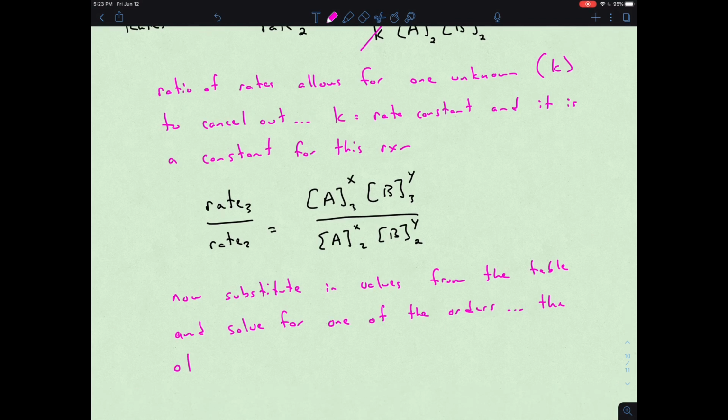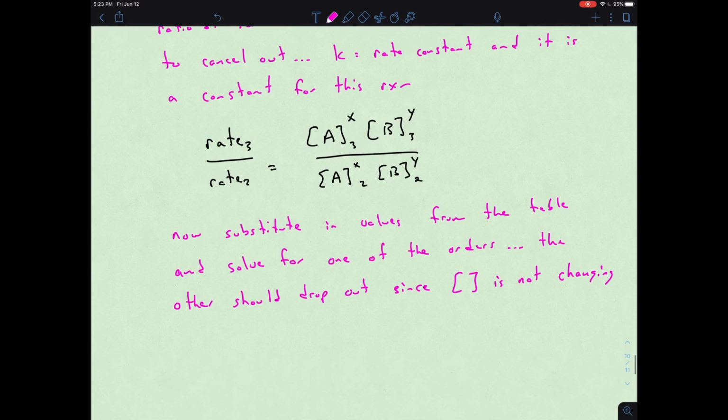The other should drop out since the concentration is not changing for one of the starting materials.